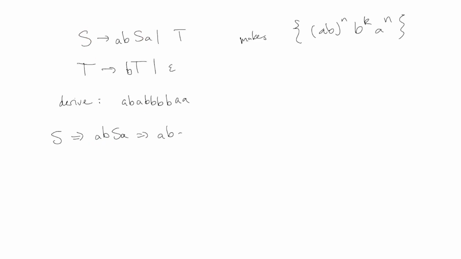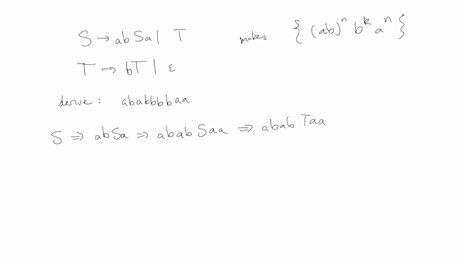Now it's going to say A B A B S A, right? And now this is beginning to look like the string I'm looking for here. The difference is this S needs to turn into 3 B's, right? I have the rest of it all lined up. So now I should make the S go to T. So it'll be A B A B T A A. And now this T goes to BT.